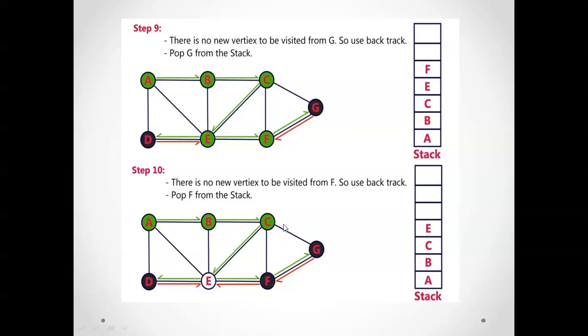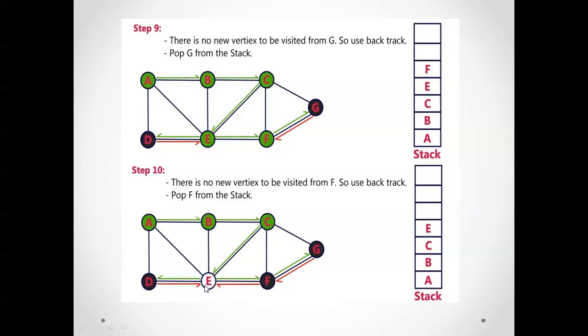Then come to the next step, number 10. There is no vertex to be visited from F. Yes or no? Sorry, from E. E does not have any new unvisited elements.